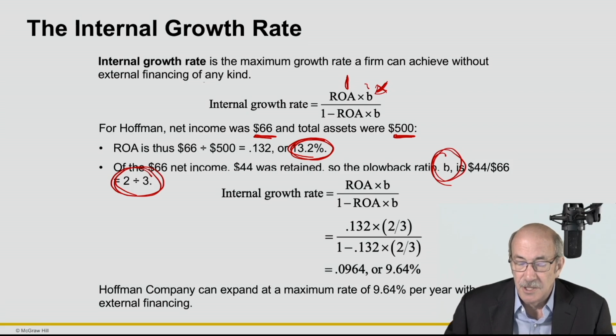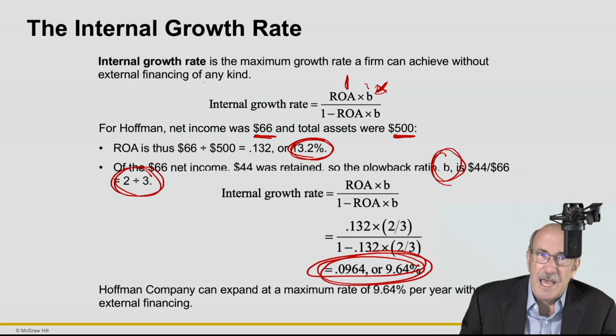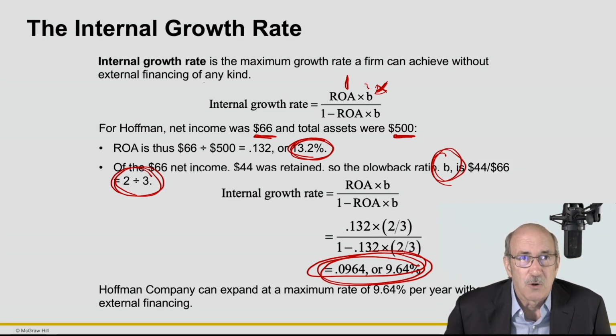So when we plug in these numbers, what we see here is that without adding any additional external financing, the company can grow at just slightly under 10% every year, just as a result of its operations, which is a good thing to know.